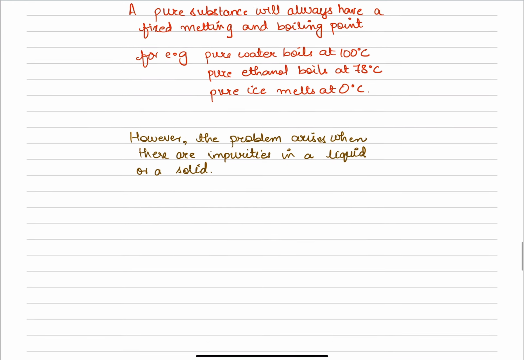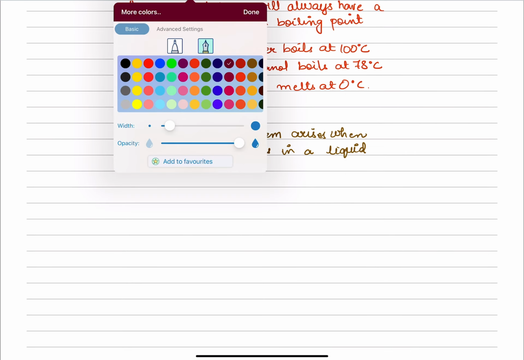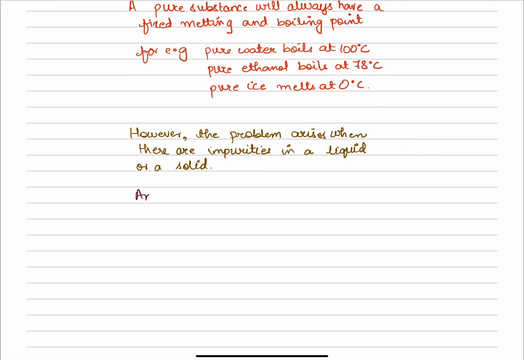If there is an impurity in a solid, an impurity reduces the melting point of a solid.